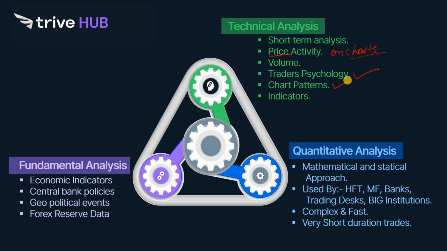So usually big mutual funds, banks, trading desks or big institutions like FIIs use this kind of quantitative analysis, and they are trading with very high volume for a very small movement in the price.